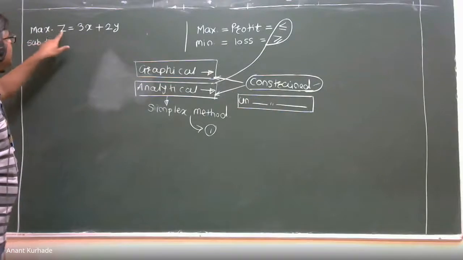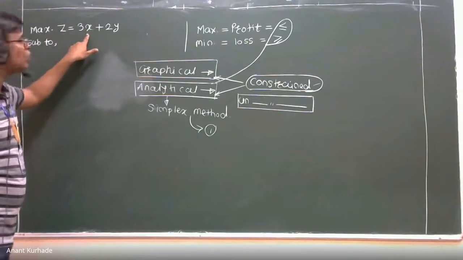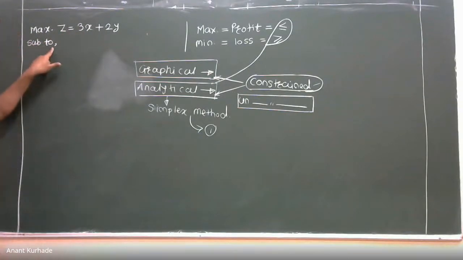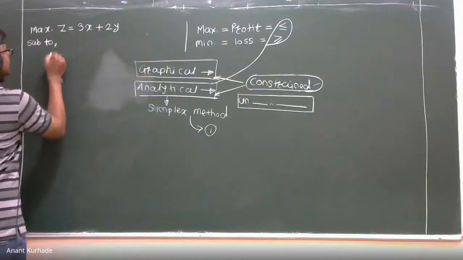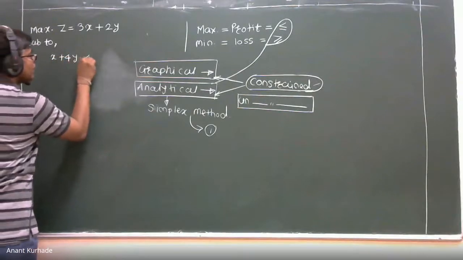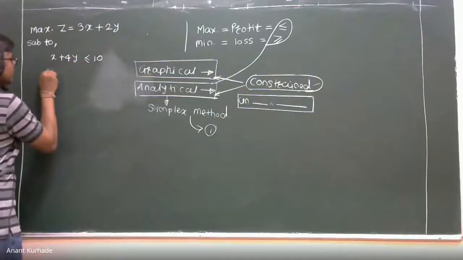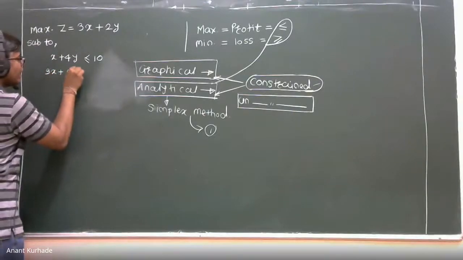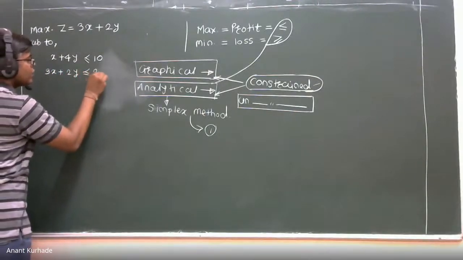Maximize Z = 3x + 2y subjected to the constraints, that is, the limitations: x + y <= 10, and next, 3x + 2y <= 20.